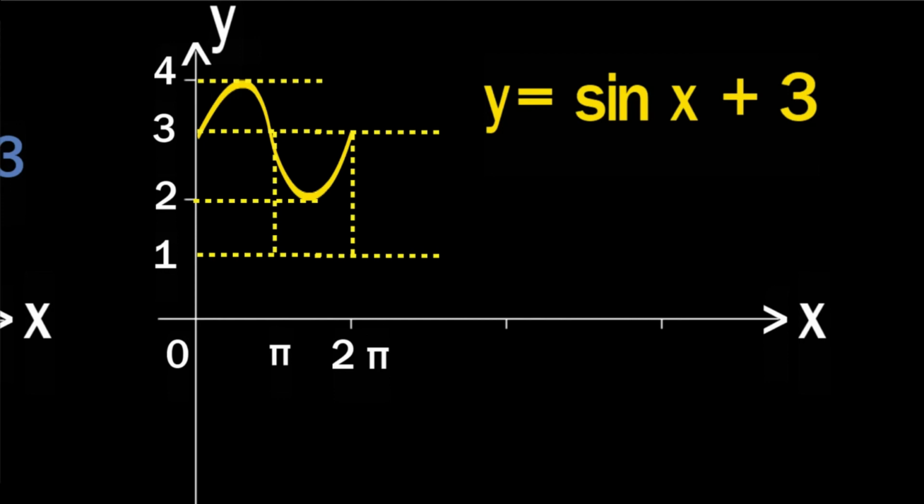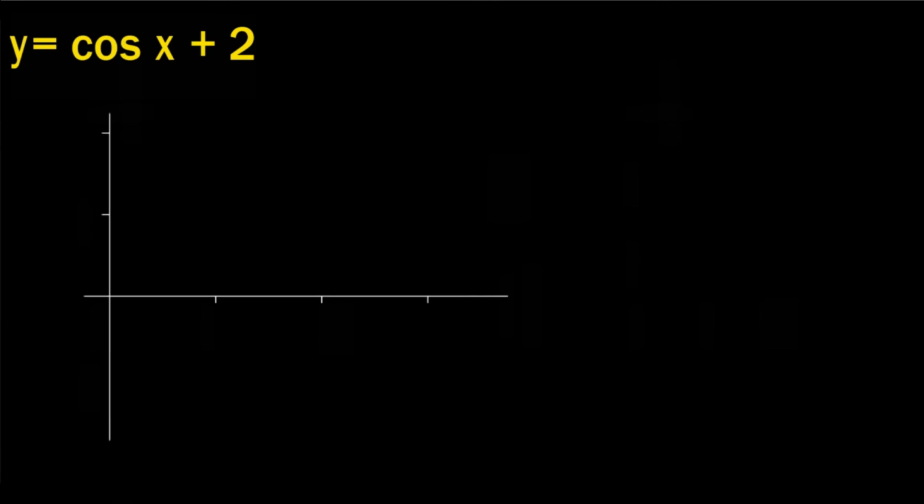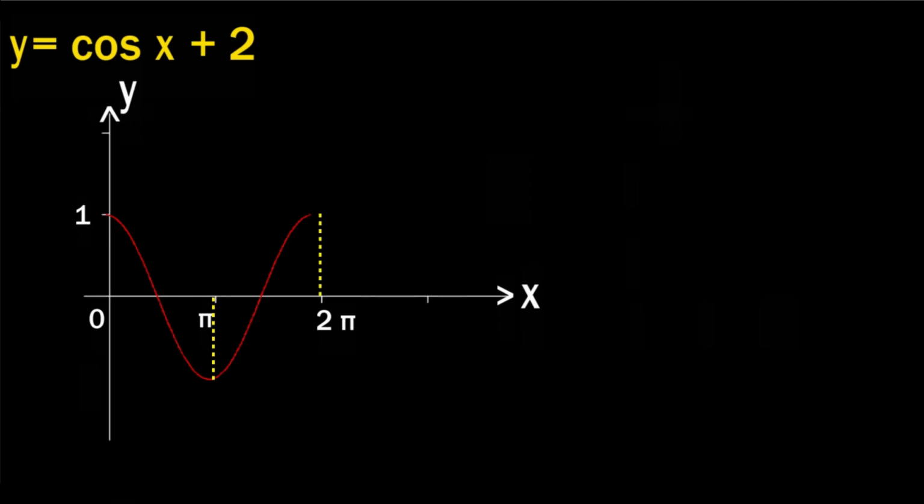Let's try one more example, y equal to cosine x plus 2. Our first step is to make sure that we know how to draw cosine. So 0, pi and 2 pi. Cosine is a U curve, then we have pi here, and the maximum and minimum values we mentioned just now are 1 and -1.